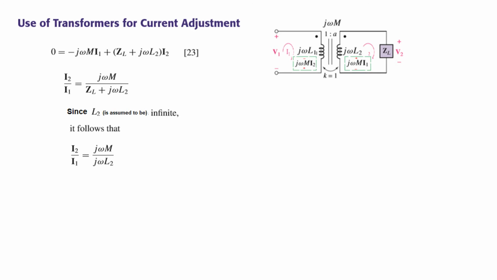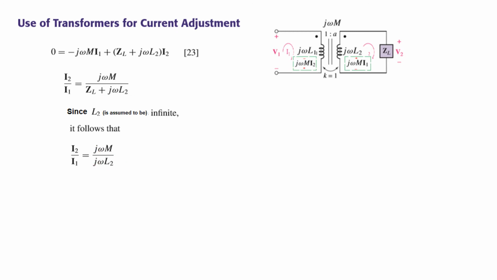And now we are assuming that L2 is very high, almost infinite. Therefore, this term will become equal to jωL2. This will become negligible as compared to the value of L2. So we'll write I2 over I1 as jωM over jωL2.